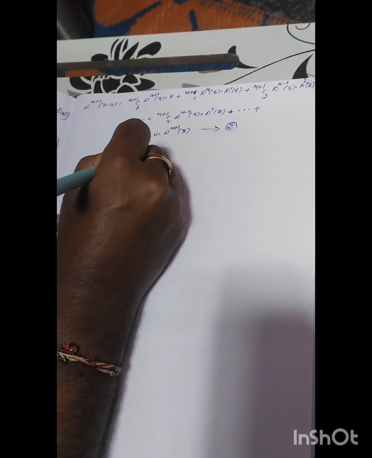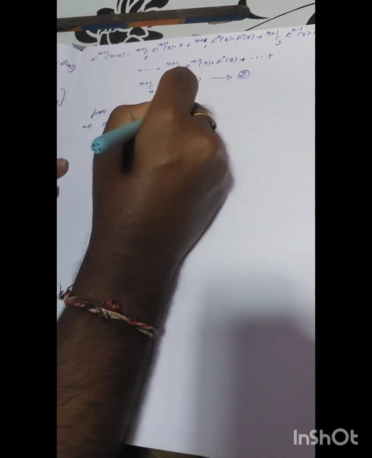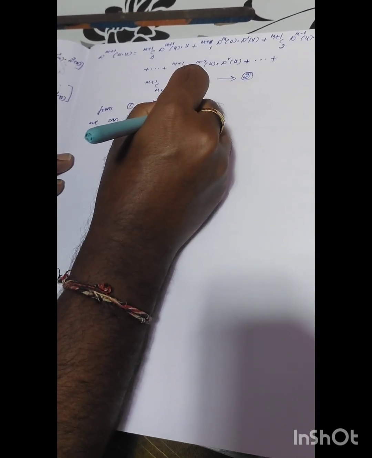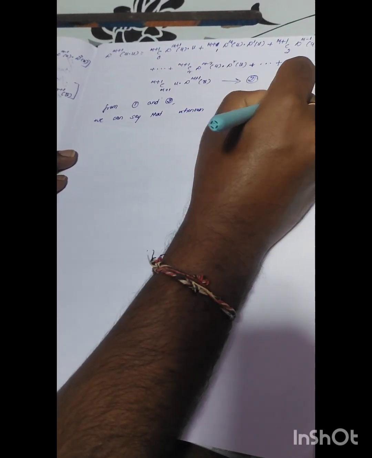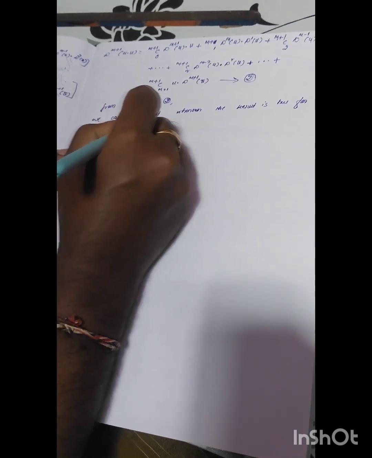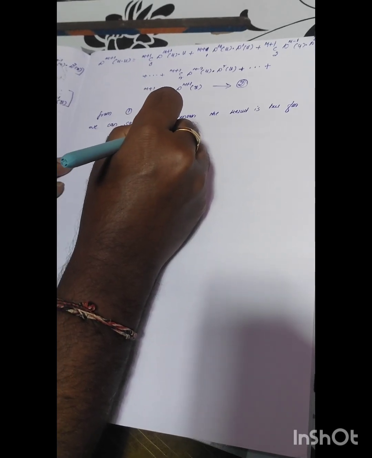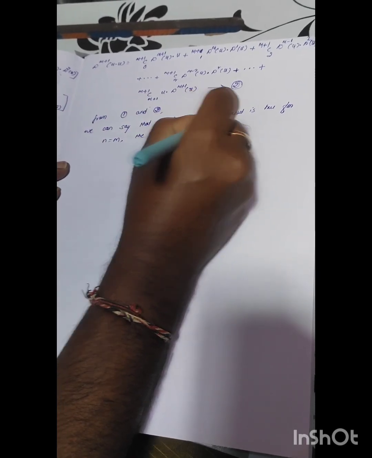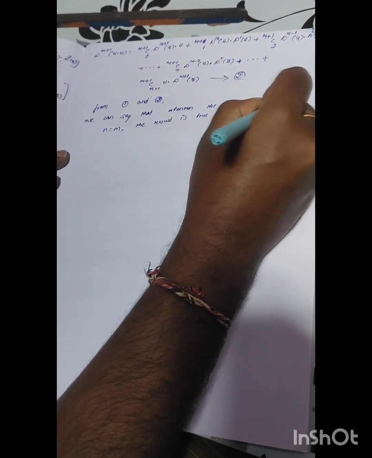So from 1 and 2, we can say that whenever the result is true for n is equal to m, the result is true for n is equal to m plus 1 also.